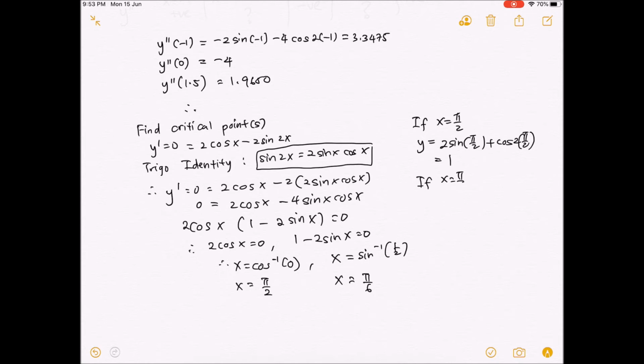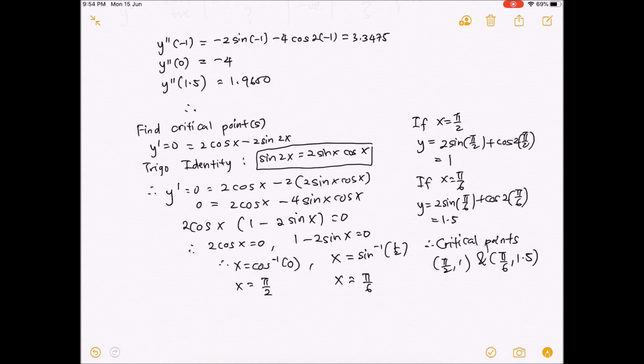And if x equals pi over 6, again use calculator, you will have 1.5. So you have 2 critical points here: pi over 2, 1, and pi over 6, 1.5.